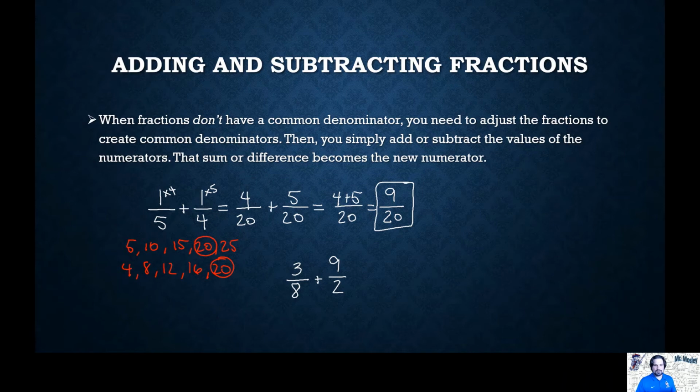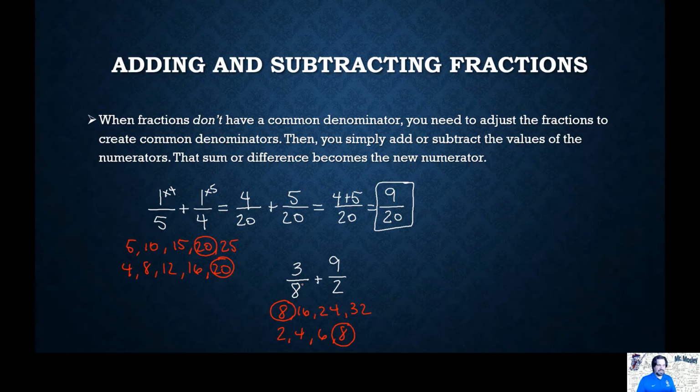So again, we're going to list our multiples. We have 8, 16, 24, 32, and then we have 2, 4, 6, 8. Oh, there's my common number.